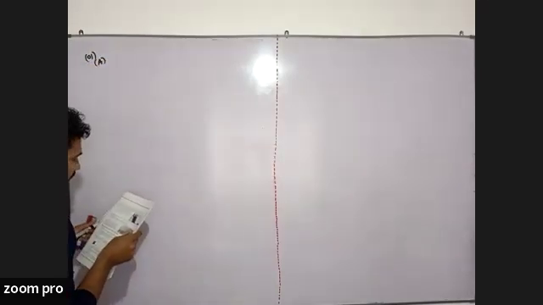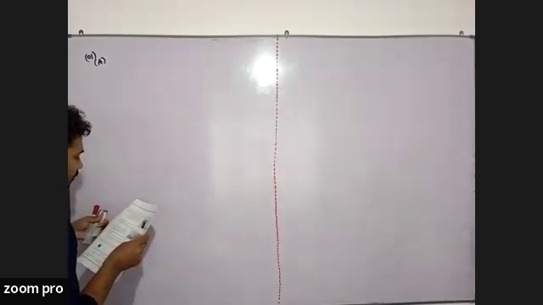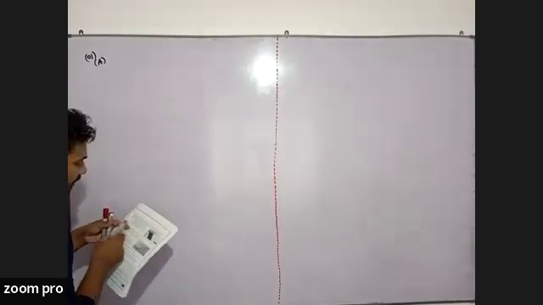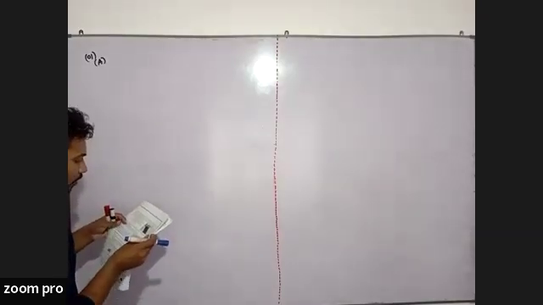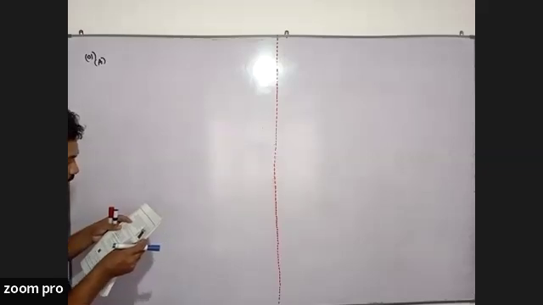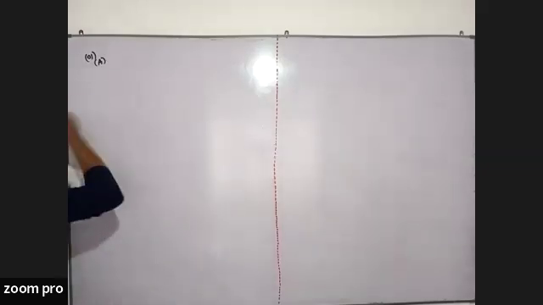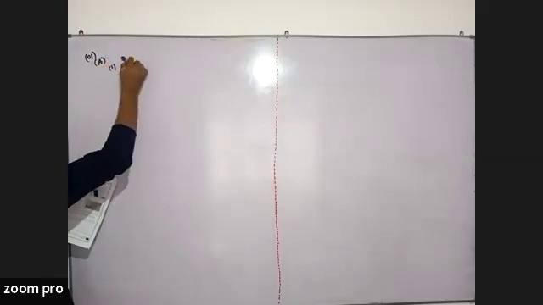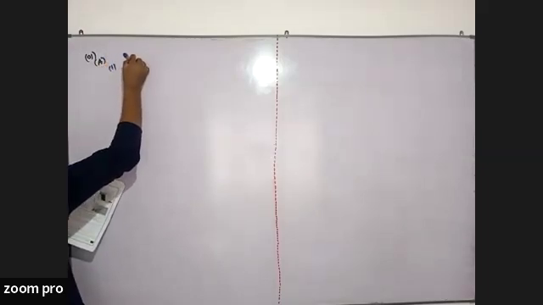The velocity of a bullet emitting horizontally from the gun is 120 m s^-1. How long does it take to fall 125 meters? So guys, this is just the normal projectile motion question.